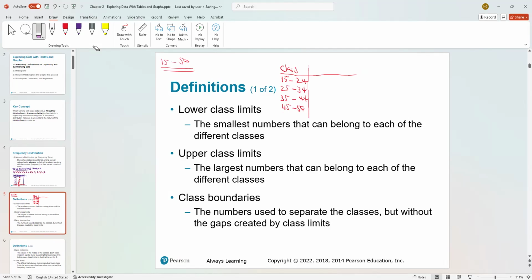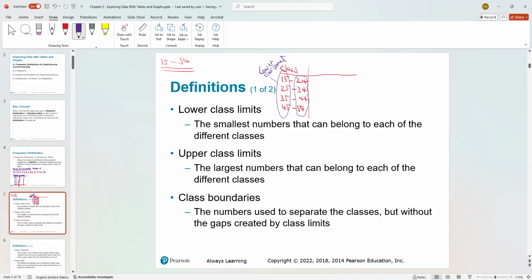I hope you understand it. What you see here is that these numbers, the lowest ones in the class intervals, we call the lower class limits. Those are the lower class limits, the smallest numbers that can belong to each of the different classes.